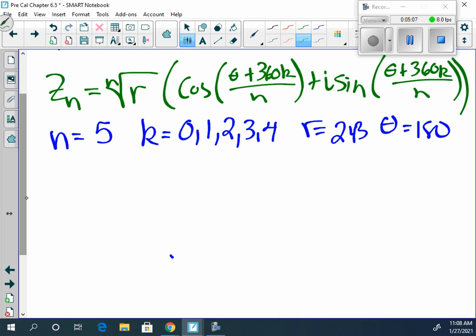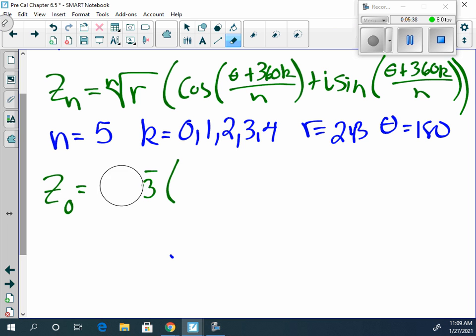All right, let's get this started. Z of 0 is equal to the fifth root of 243. Before we can go further, what is the fifth root of 243? It'd be really nice if that's 3. Okay, well, we know that's 3.